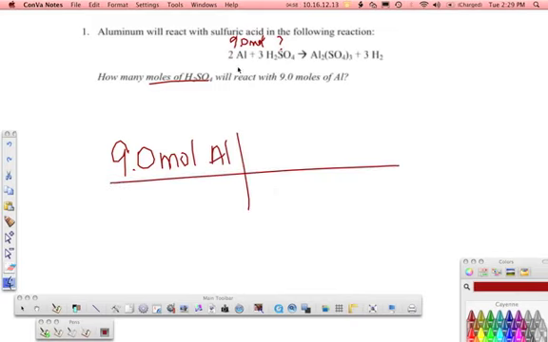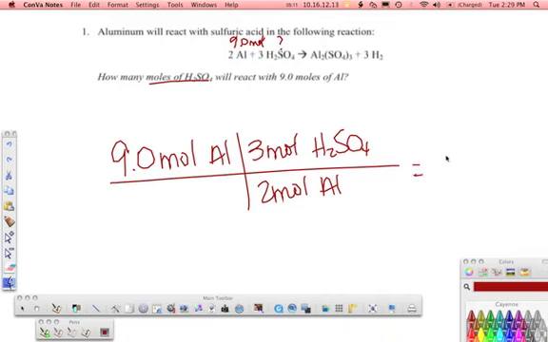Since we're in moles and we're going to moles, all we have to use is the mole ratio. So for every 2 moles of aluminum, we're going to need 3 moles of H2SO4. Plug that in and you get, in correct sig figs, it works out to 13.5, so we have to round it to 14.